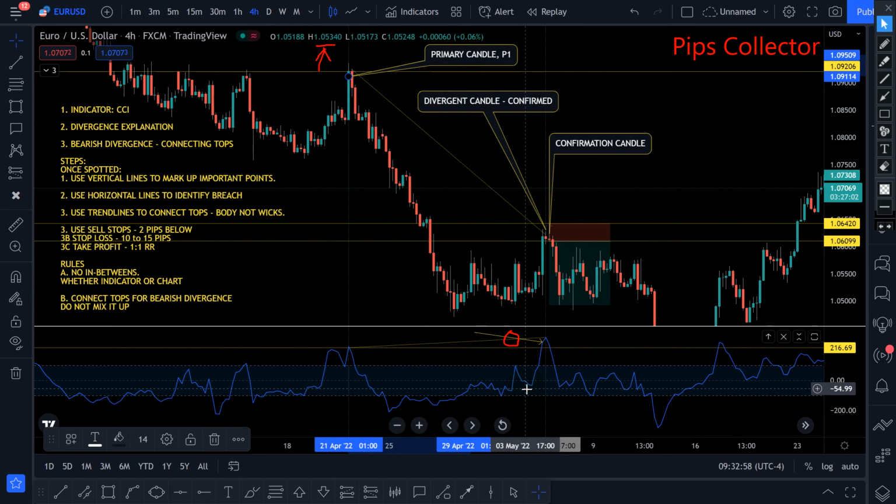So the next thing we want to do, after we've gotten the divergence and used trend lines to connect bodies, this body to this body, not wicks, is the sell stop, which is where we are now. Use this meter rule, place it here, move 2 pips down to know the value.